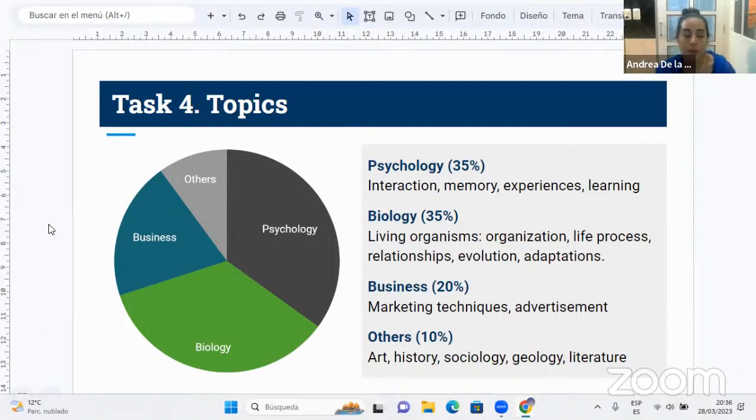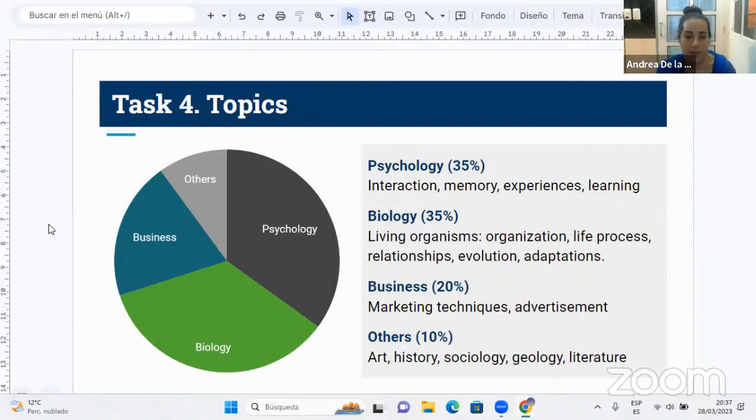But I wanted to say the major topics, the major subjects that you will hear about in the lectures are psychology, biology, and business. All right, there's 90% chances that you'll get one of those: psychology, biology, or business. When we have psychology, it's usually about our brain, about our mind. So how we interact with each other, our memory, our learning, our experiences.